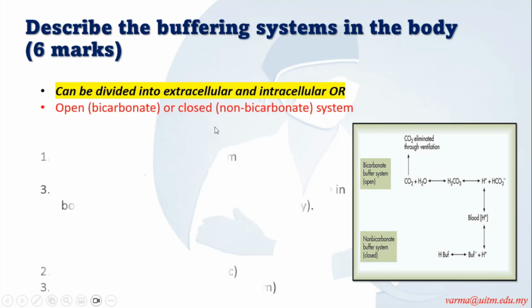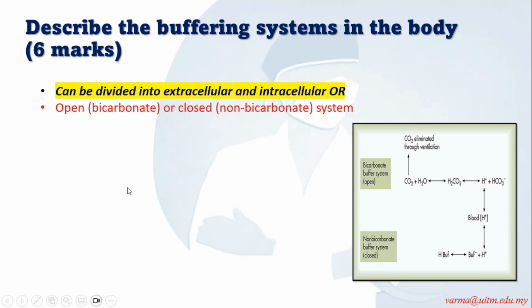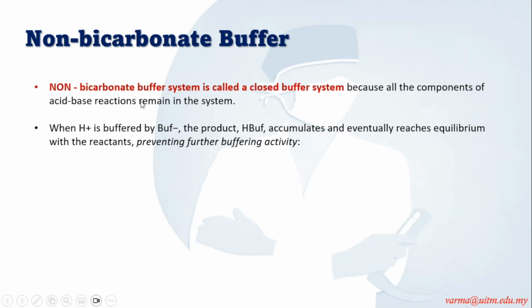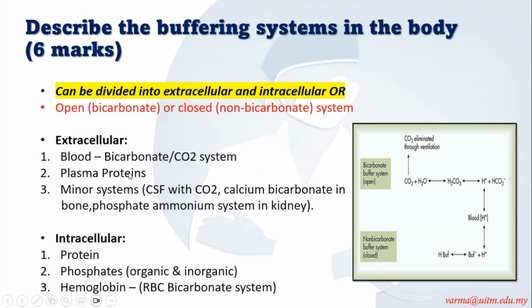Open, bicarbonate also. We have talked about this open and closed approach. Now I will go along with the examiner report. How do they answer? Extracellular and intracellular. Extracellular is the blood bicarbonate or CO2 system, plasma protein and minor systems, CSF with carbon dioxide, calcium carbonate in bone, phosphate and ammonium systems in the kidney and everything.